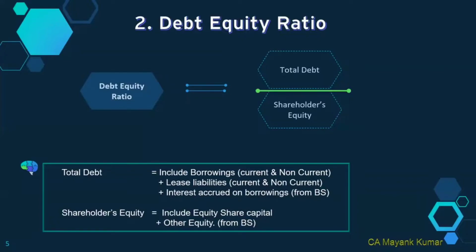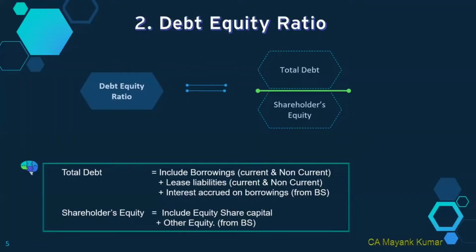In many cases, we have noted that total debt only includes the borrowings, but this is not good, because as per Ind AS 116, there are lease liabilities also in the financial statement. So the total debt must include all the borrowings, current and non-current, lease liabilities, current and non-current, and interest accrued on such borrowings.